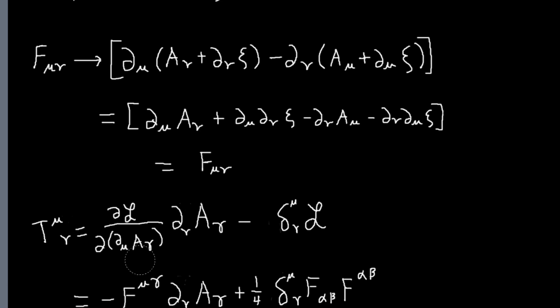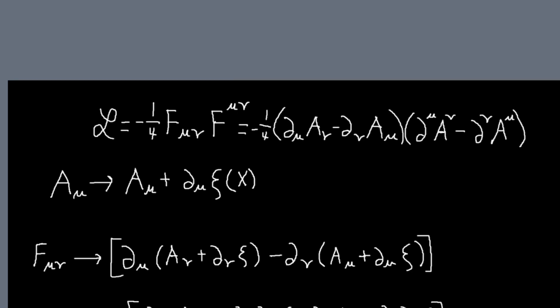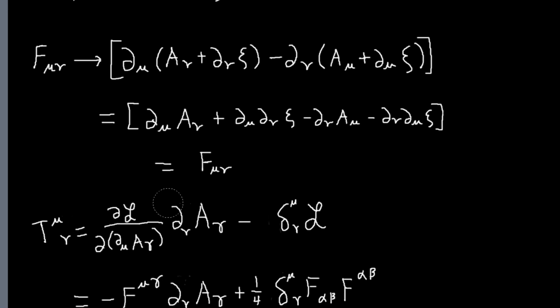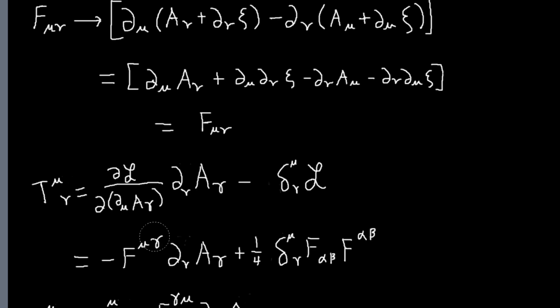And we can use the fact, so I already went over, we found the equations of motion for this Lagrangian, and in doing that you calculate dL d mu A gamma, and that we found to just be minus F mu gamma. And yeah, so we just plug that in, and we plug in our Lagrangian, so we're left with this.